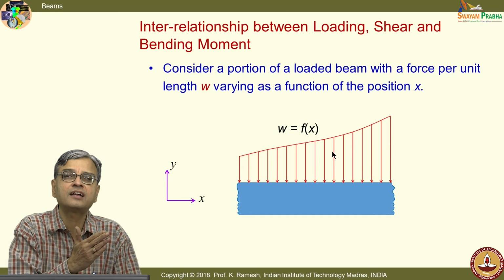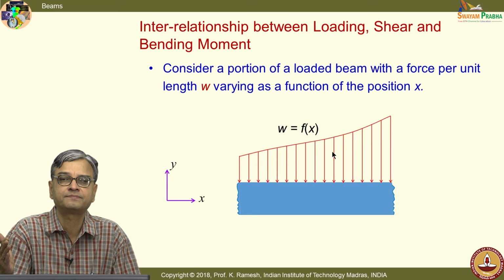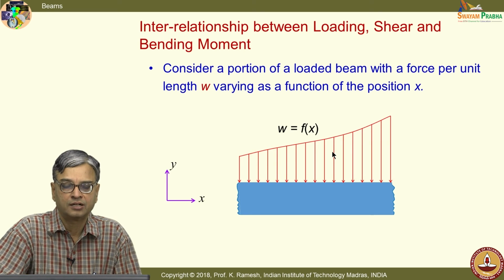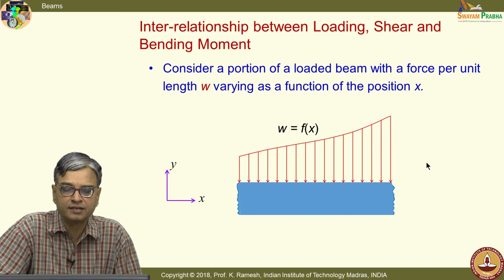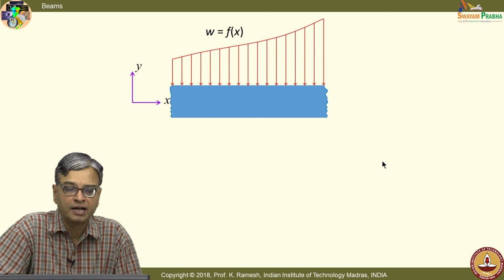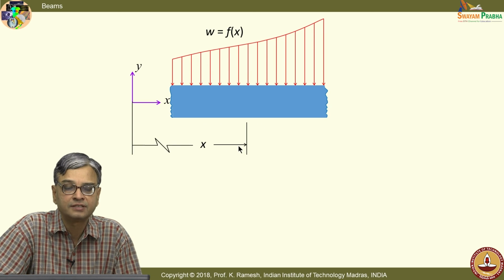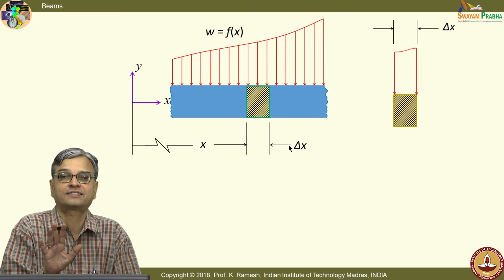We have a continuous loading acting on the beam, and we would identify a section at a distance x from the reference axis and isolate a small element of width delta x.